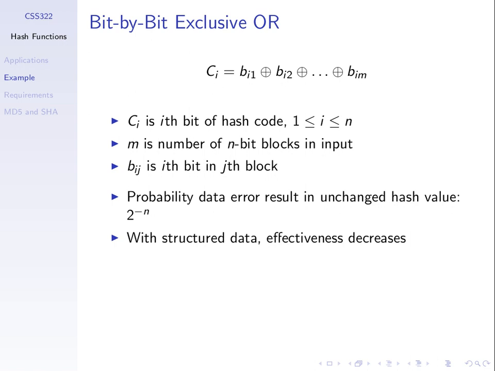And then for C3, we take the third bits of each block. 0 and 1 is 1, 1 and 1 is 0, 0 and 1 is 1. Just take the first bit of each block, XOR them, then take the second bit of each block, XOR, and the third bit of each block. Our hash value is in fact C1, C2, C3. Sorry, 0, 0, 1.